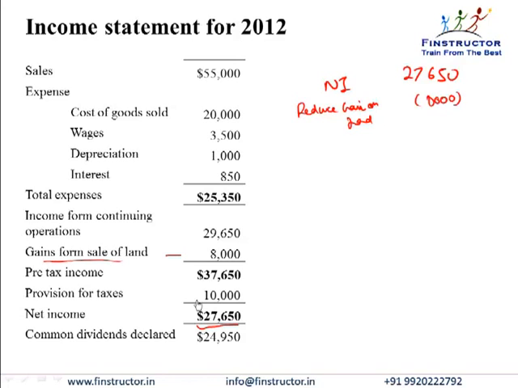We also see that the income statement has a depreciation expense of $1,000. Please note that this expense is not a cash expense. It is just the allocation of the fixed cost of an asset, and the cash for this fixed cost must have been spent in the period that we acquired the asset. This depreciation is now just an allocation that comes because of accrual accounting. It is not a cash expense.